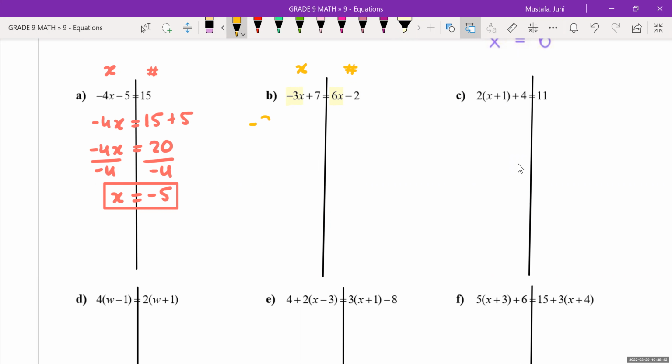So nothing is going to happen to the negative 3x. It remains as is. When I move the positive 6x over, what will it become? Negative 6x, good. Then I have a negative 2 here, it remains. When I move the positive 7 over, what does it become? Negative 7.